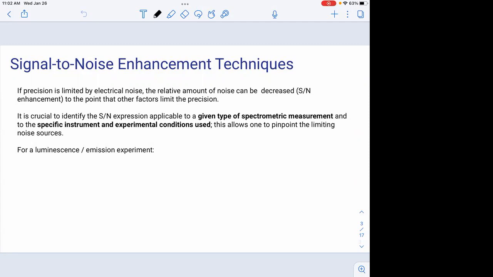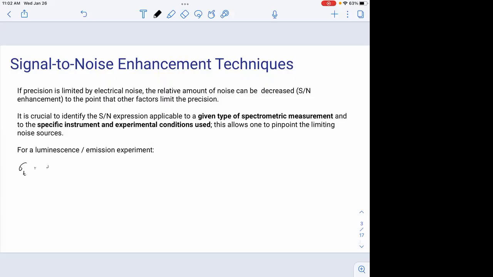For a luminescence or emission spectroscopy experiment, you might have some amount of variance that is total, right? All of the variance added up for your measurement. So this would be your total noise from all sources.